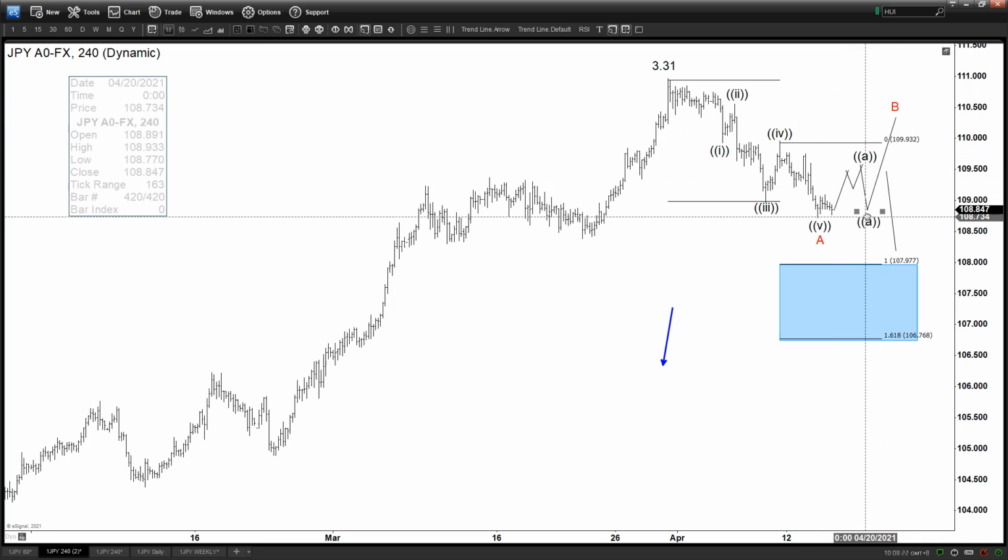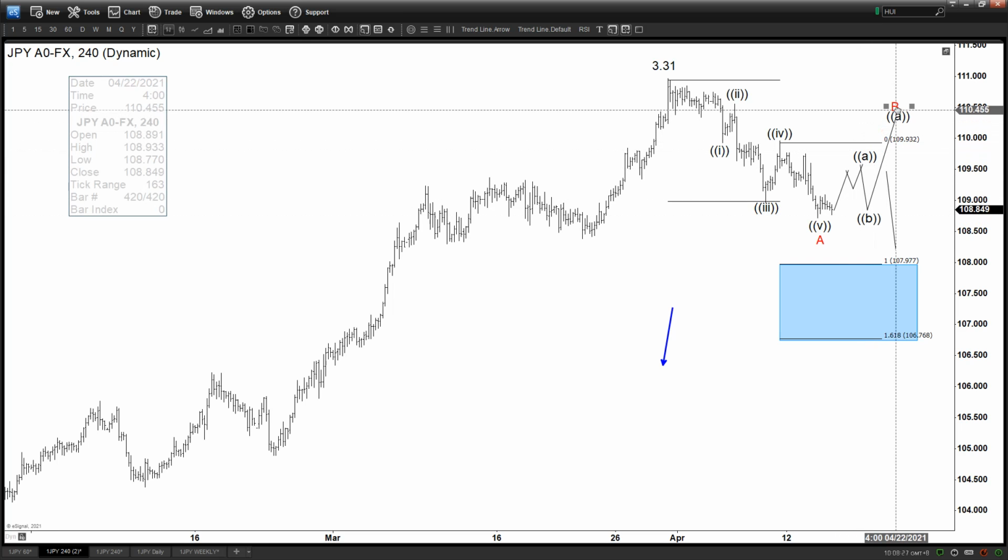We can be doing something like this. If we are doing something like this, then of course it will rally a little bit more before it resumes the downtrend or the leg lower again.